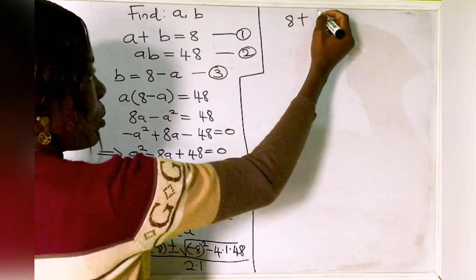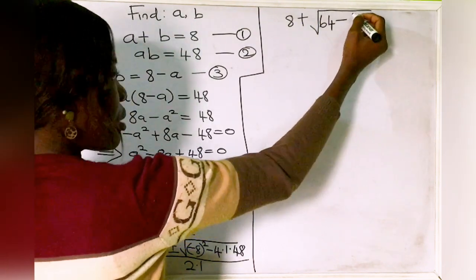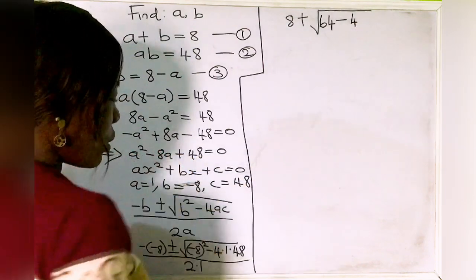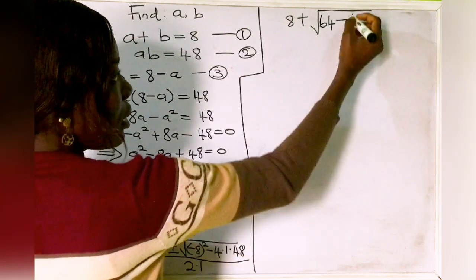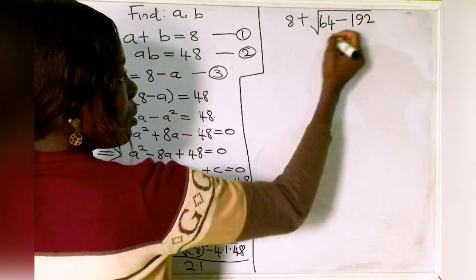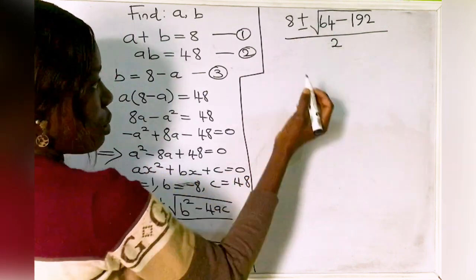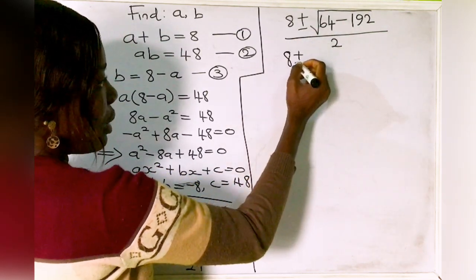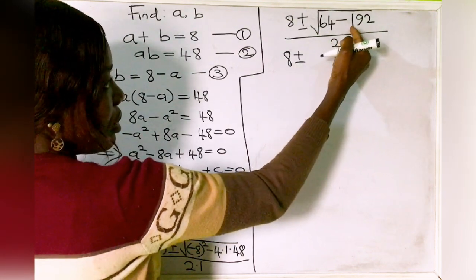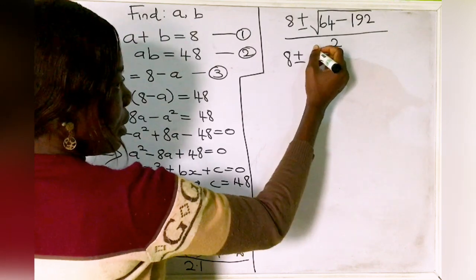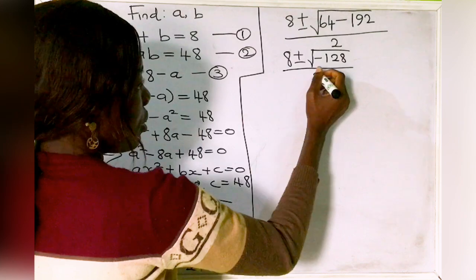Minus 8 squared is what? 64. Then minus 4 multiplied by 48 will have 192, over 2. Yes, plus or minus. So now we have 8 plus or minus the square root of 64 minus 192, which is going to give you a negative 128, over 2.